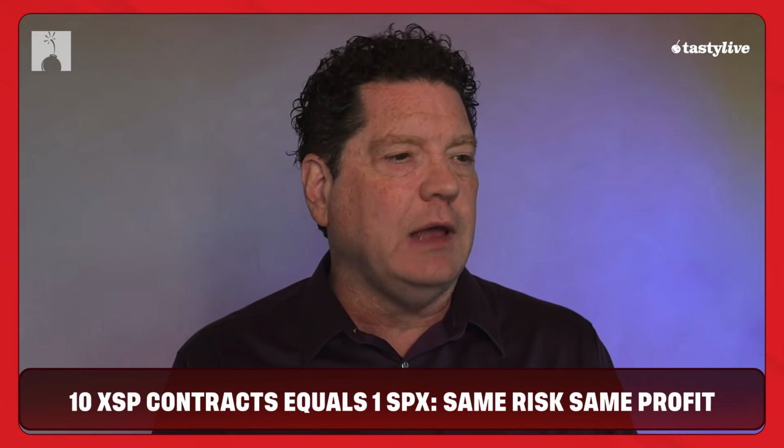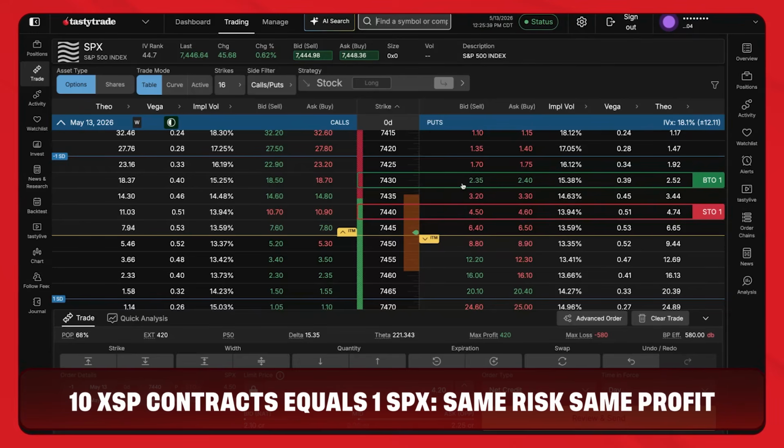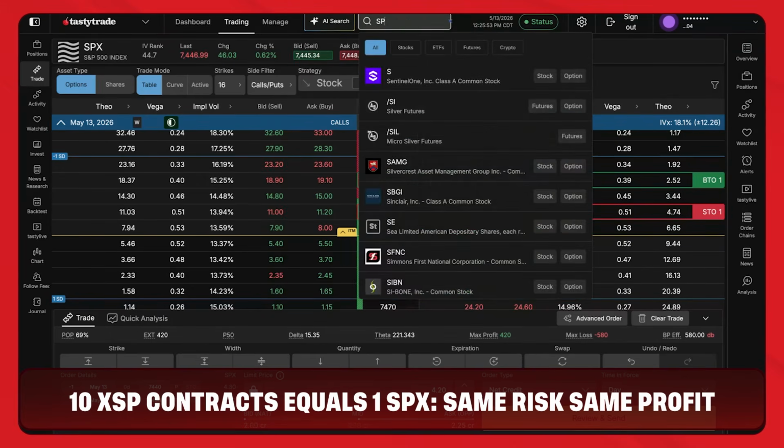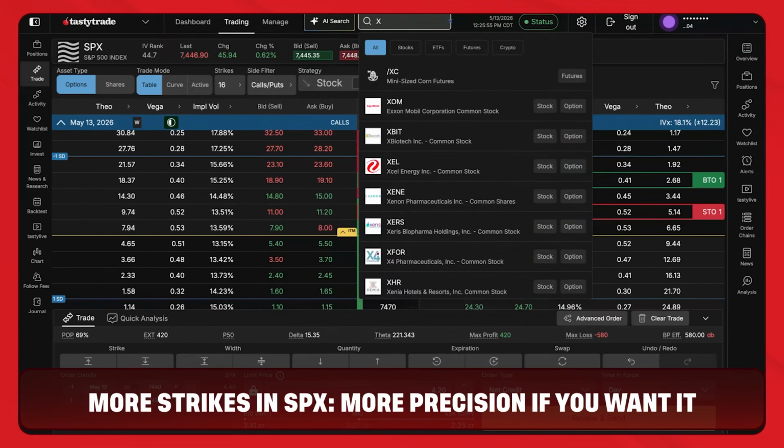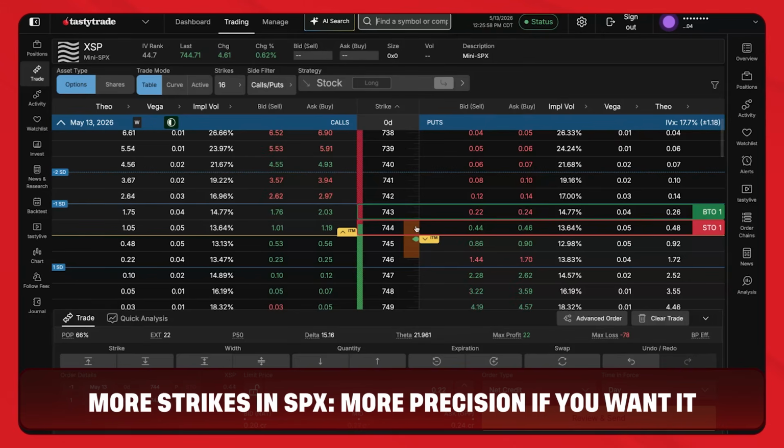As you look at the strikes a little bit more carefully, though, notice how I have 7435 puts here, 7425. I have 5 points in between the SPX options. I only have single points between the XSP options. Okay, so if you translate XSP to SPX, these are 10-point wide verticals.